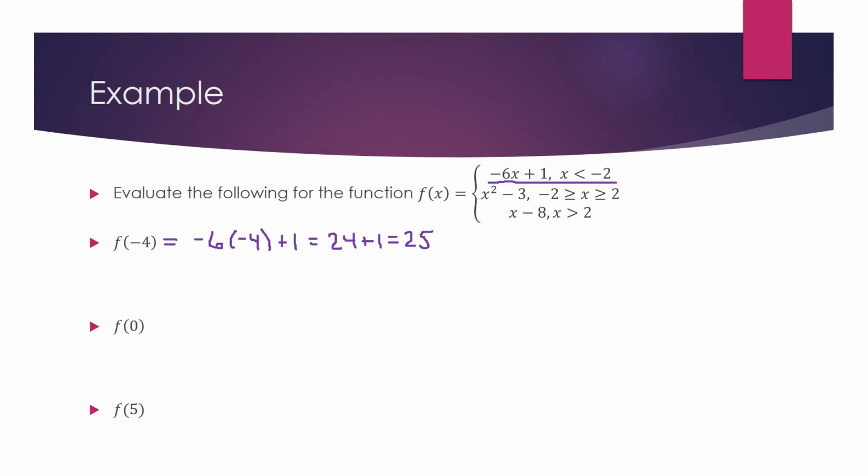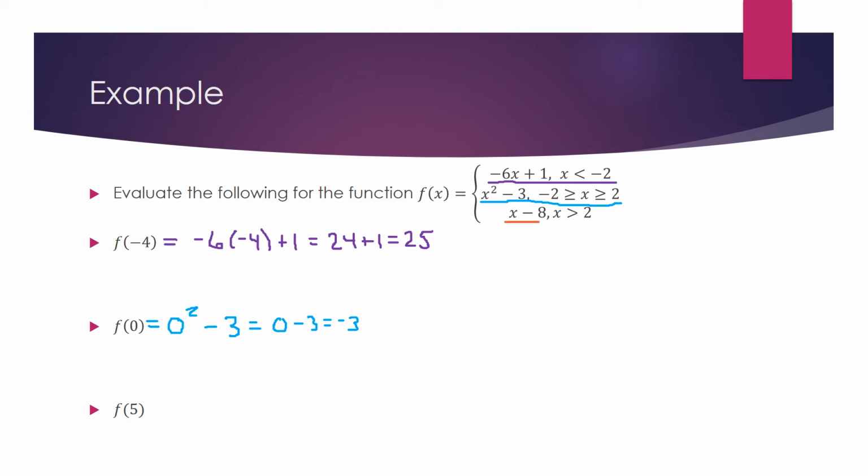I'm underlining the f of 0 function in light blue. That's the middle function because 0 is between negative 2 and 2 inclusive. So, for this particular one, we have 0 squared minus 3, which is equal to 0 minus 3, which is equal to negative 3. So, f of 0 is equal to negative 3.